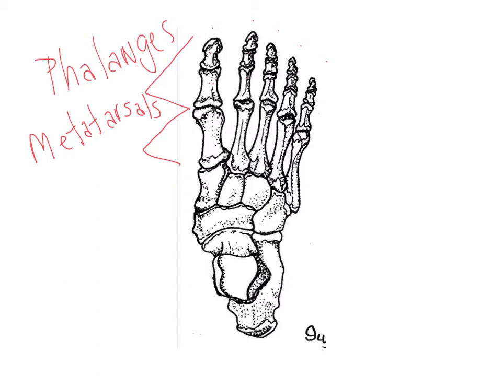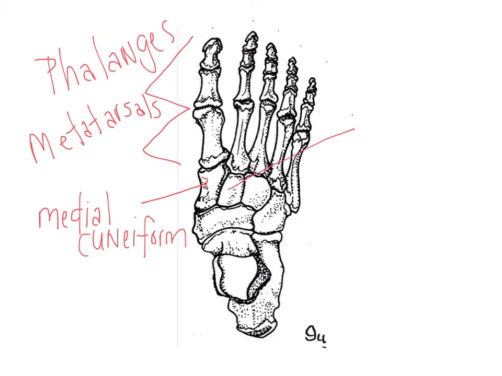These next three bones are kind of easy to remember. This one right here is your medial cuneiform. The one in the middle is your intermediate cuneiform.